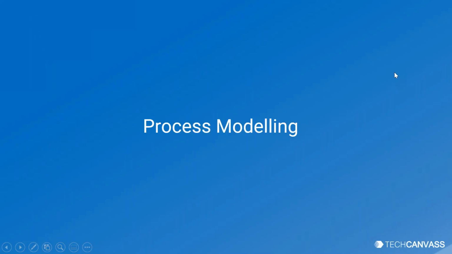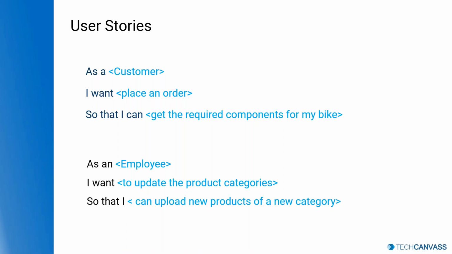Last technique for today is process modeling. Once you have written the user stories, the next step is to see if this particular activity or the requirement can be fulfilled in one step, or it requires a process. So theoretically speaking, every user story can have an associated process.